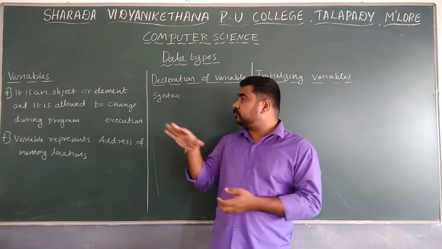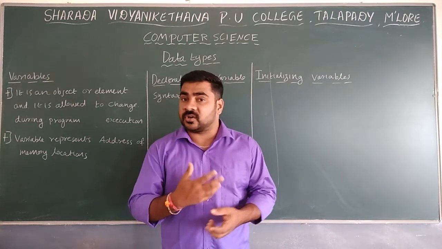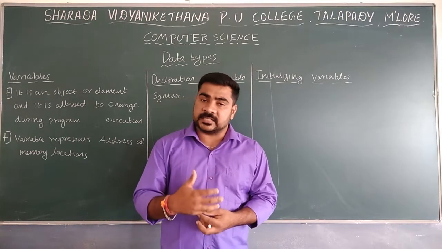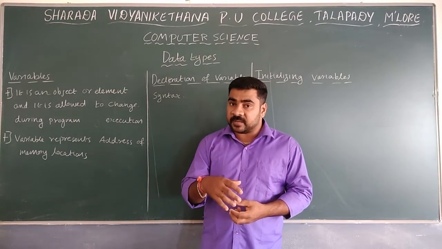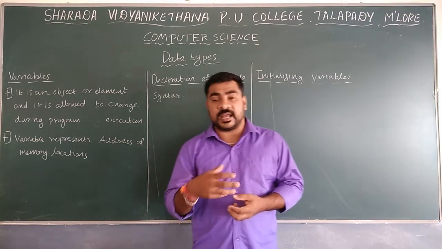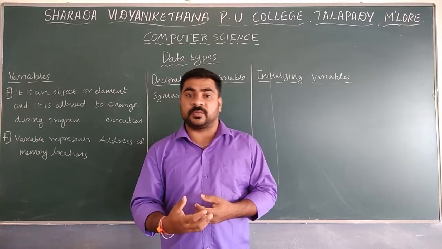But one more type of data object in a C++ program, that object or element, is a variable. A variable allows the data to change while you execute the program.